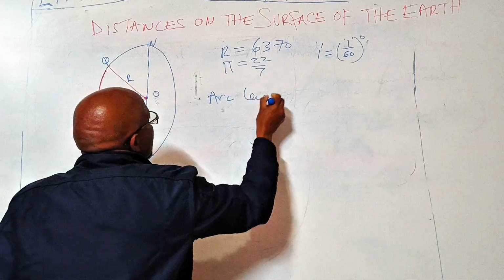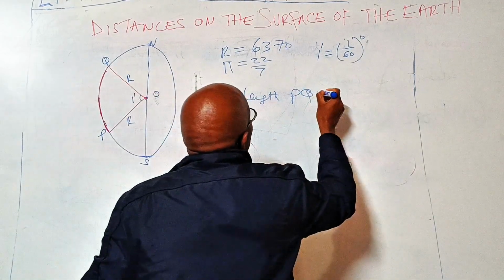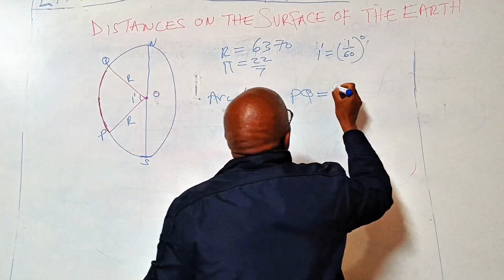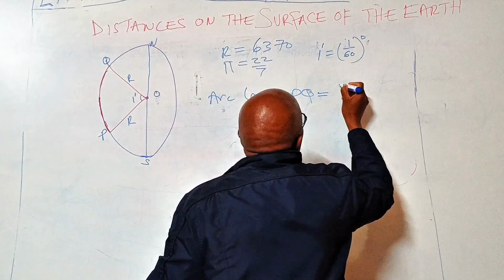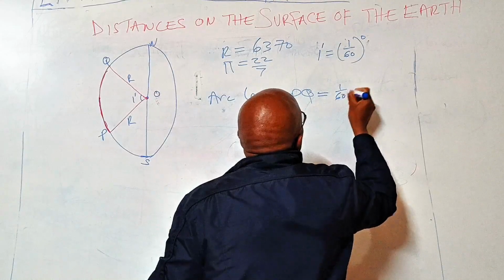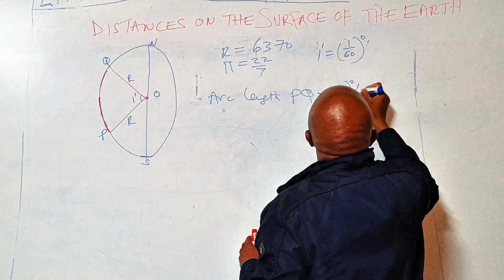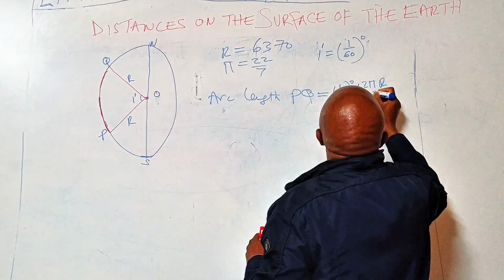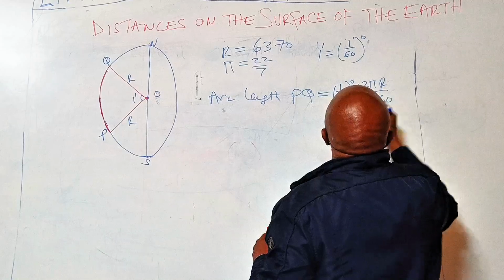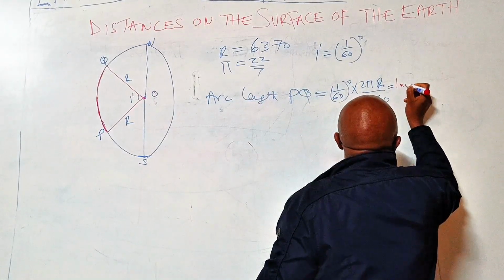length PQ will be given by 1 over 60 of a minute multiplied by 2 pi r all over 360. All this is equal to 1 nautical mile.